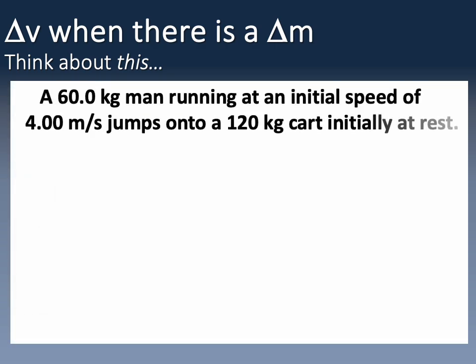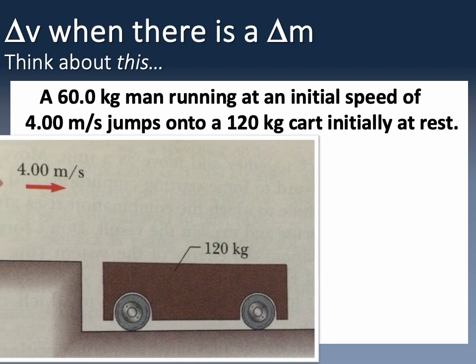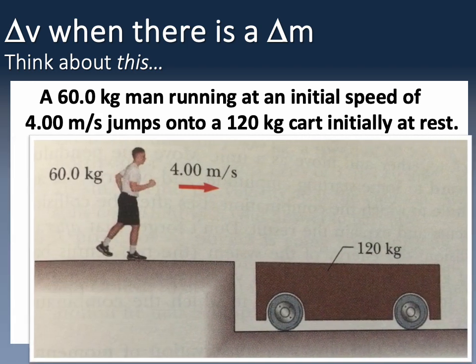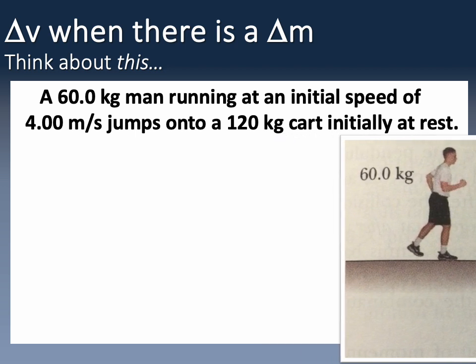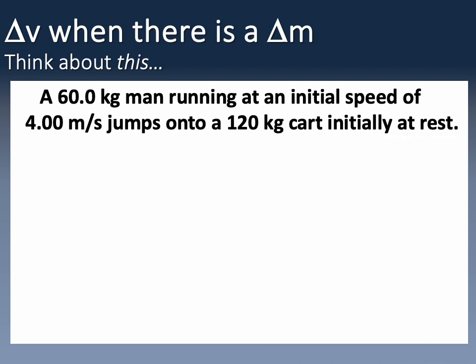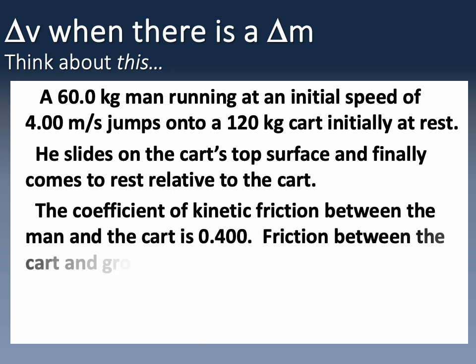So we have this 60 kilogram human, 4 meters per second, jumps onto that 120 kilogram cart that had no velocity, no initial momentum. So he slides a little bit, but comes to rest, and he and the cart are essentially becoming one object.